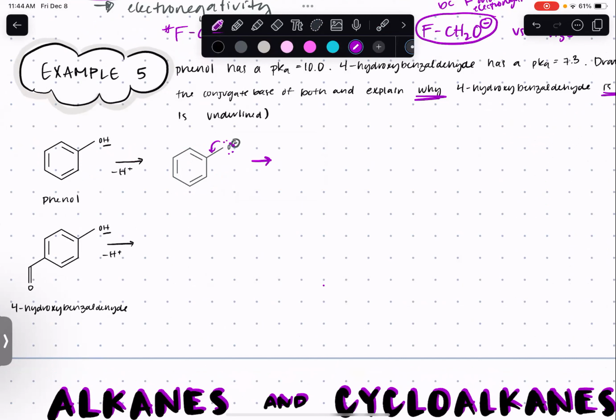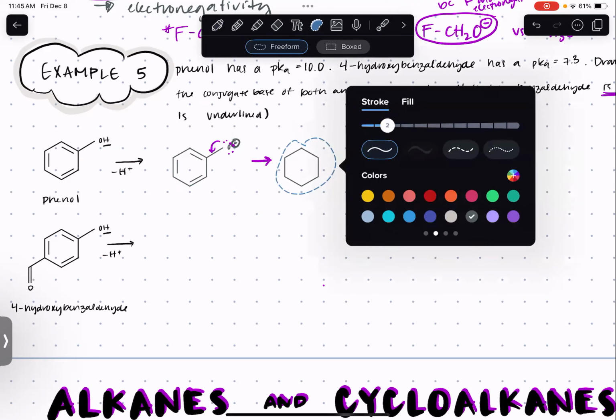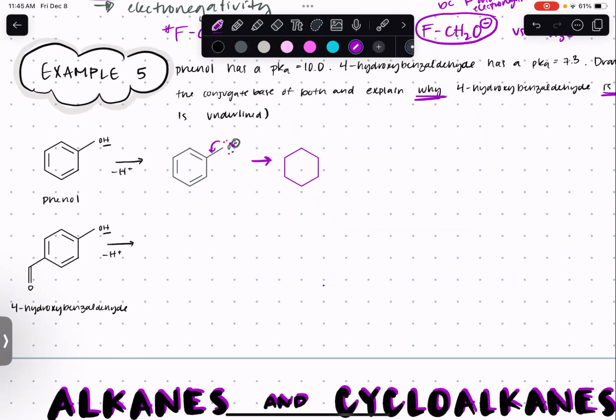One of them can push down. Okay. And when it pushes down, we will get a double bond here. Our oxygen will still have 2 lone pairs on it. And then this bond will push up. So we get 2 electrons there. And then the rest of our molecule is the same.